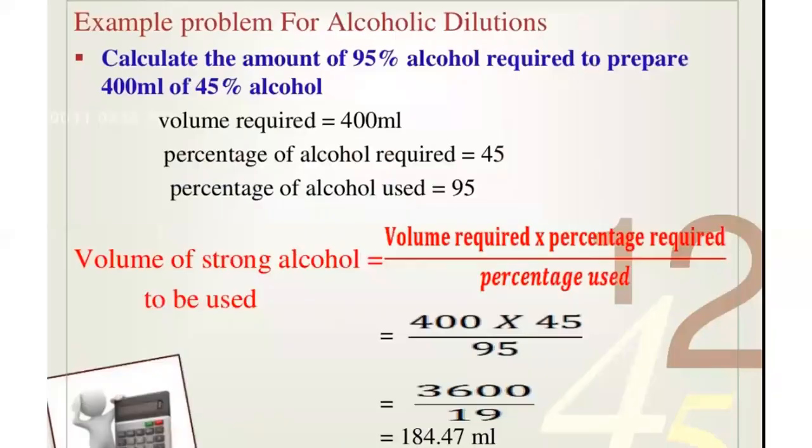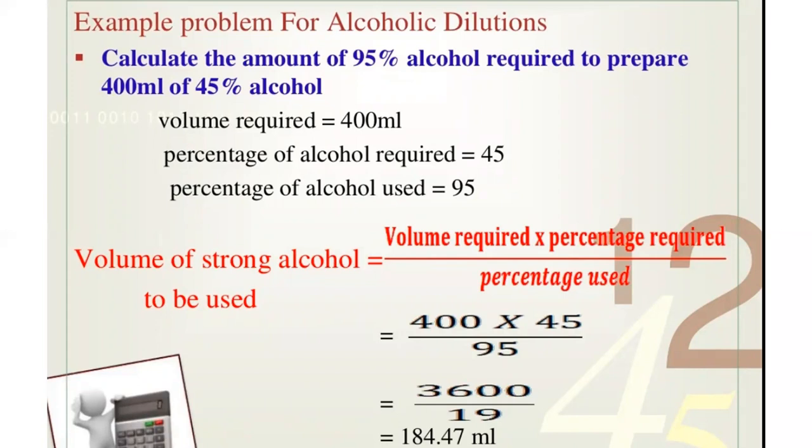Next, alcoholic dilutions calculations. You can see the example here. Calculate the amount of 95% alcohol which is required for preparing 400 ml of 45% alcohol. Then what do you have to do first? Volume required, how much? Volume required is 400 ml. Then percentage of alcohol required, how much? 45%. Then how much alcohol used?